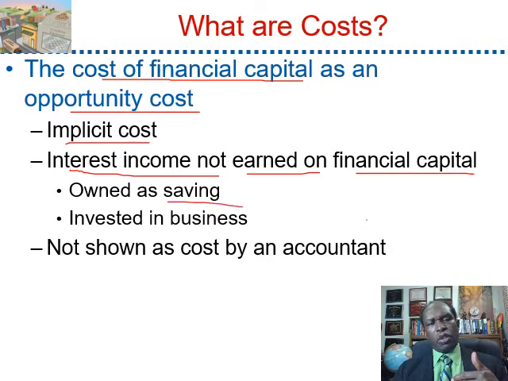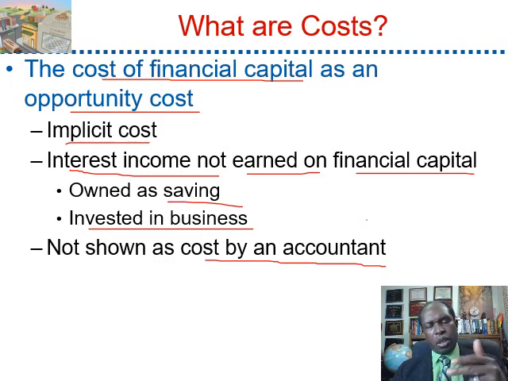That's a saving. They could earn interest on the savings, but they invested that money in the business. Therefore, giving up the interest rate on the capital is an example of implicit cost. And accountants do not include implicit cost in computing the total cost.